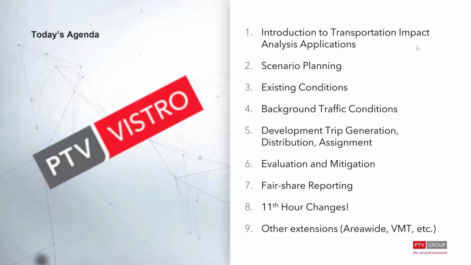After that, we'll evaluate our network and look for areas where we might need to provide some mitigations. Once we identify and go through some mitigations, we'll look at the fair share reporting tools that are built into Vistro in order to help identify the project responsibilities for those mitigation measures.